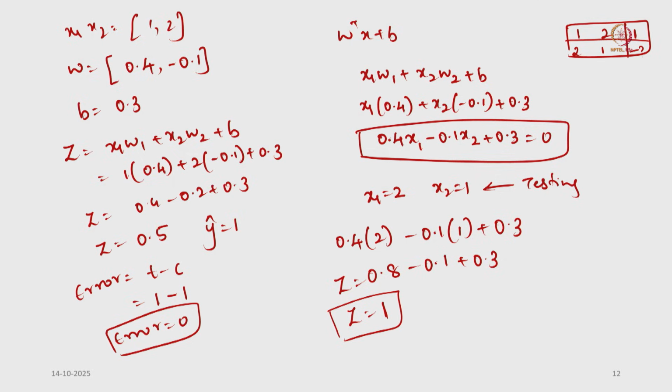Now since the value is greater than 0, the y hat value is 1. So for the new input, what the model is going to predict is 1. This is how the model is going to predict.